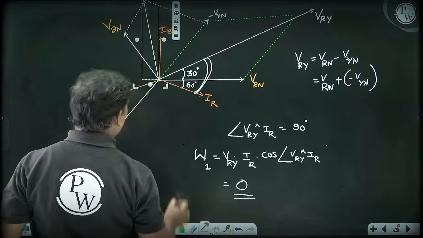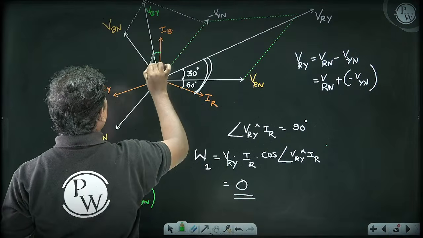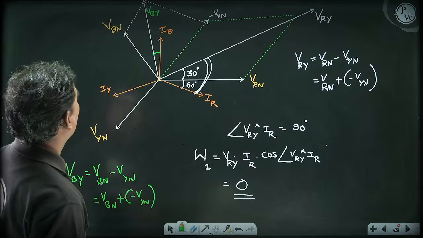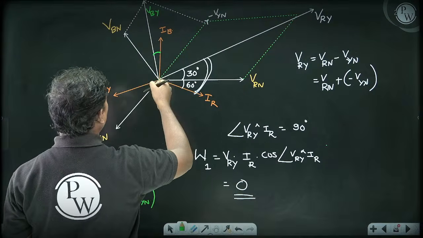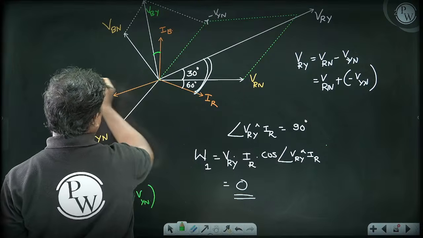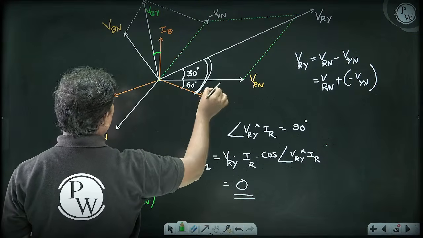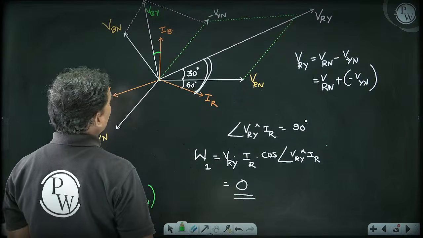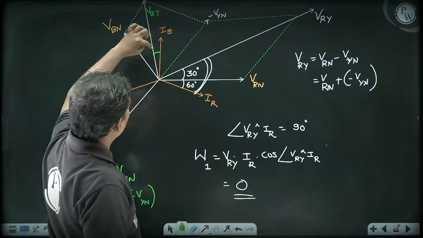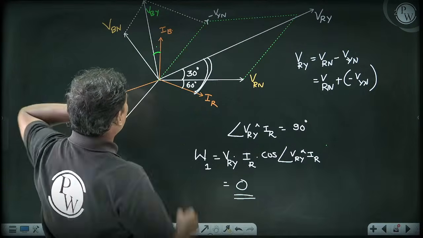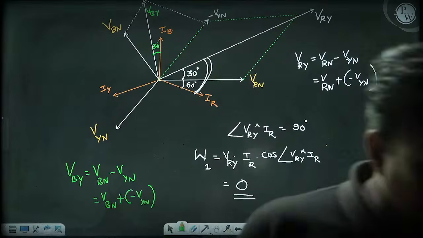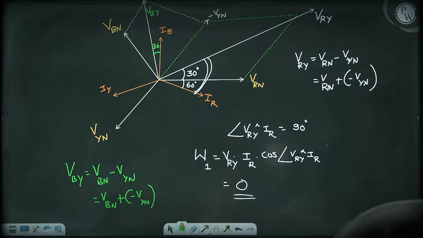So now this is VBY. So we need this angle. So can you tell me what is this angle? Anybody can tell me what is this angle? This total will be 120. Can you tell me this angle, VB and IB के बीच में angle कितना होगा? 30 degrees होगा ना, phase line current and line voltage. 30 degrees. That will be coming as 30 degrees, na? Yes or no?